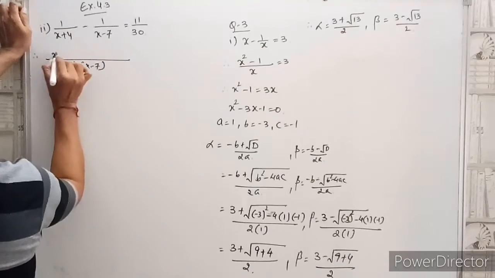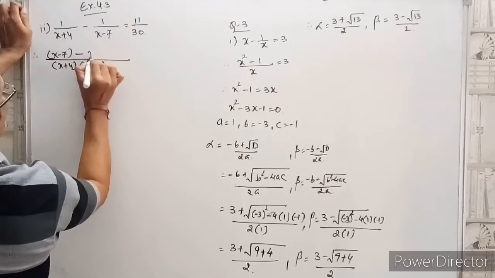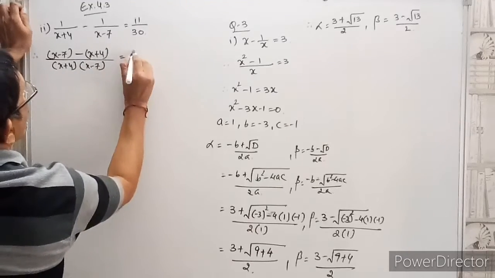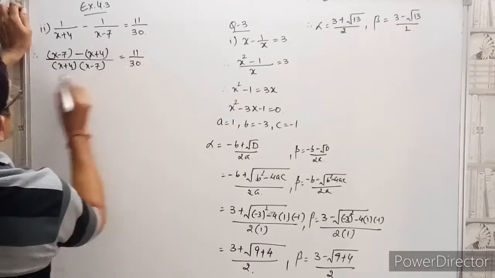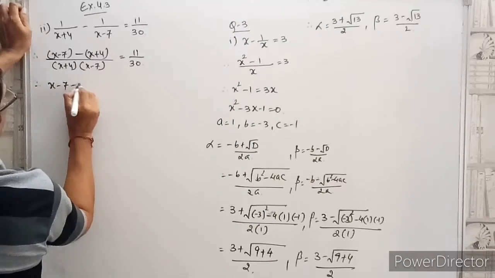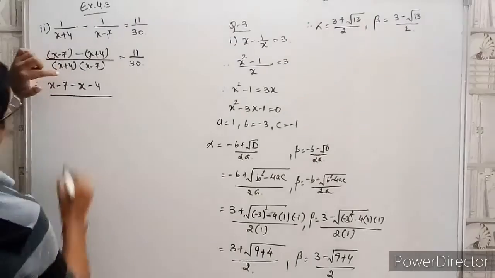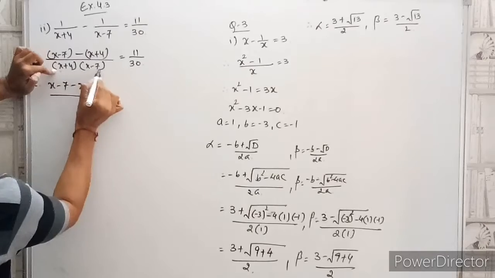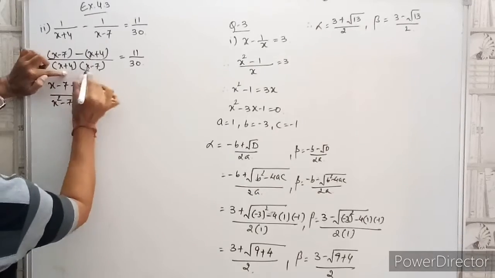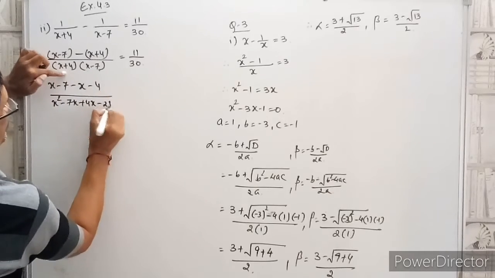This will multiply over here, x minus 7 then minus x plus 4 is equal to x minus 7 minus x minus 4 upon, open this bracket, so x will multiply with x and 7, so it is x square minus 7x plus 4x and plus minus 28.